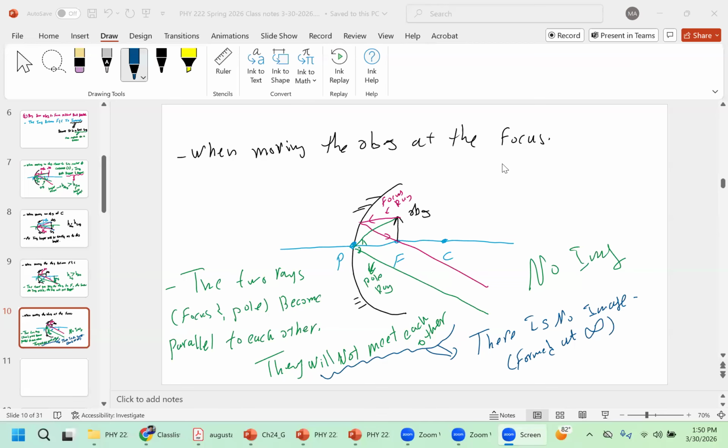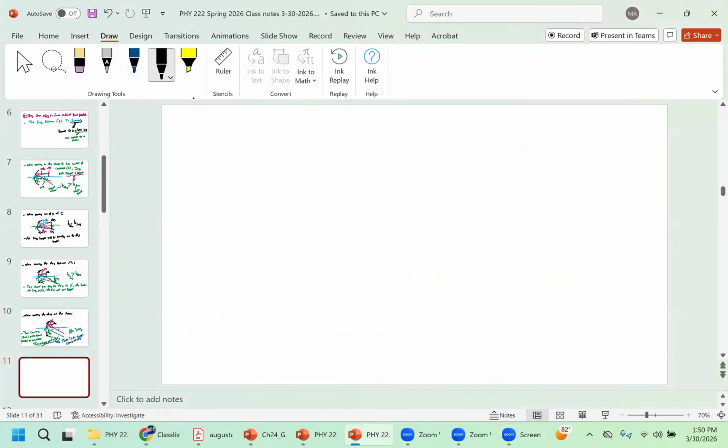All right. So we got the object beyond the center of curvature, on the center of curvature, between them, at F. Now let's say when moving an object to, let's say, between the pole and the focus.